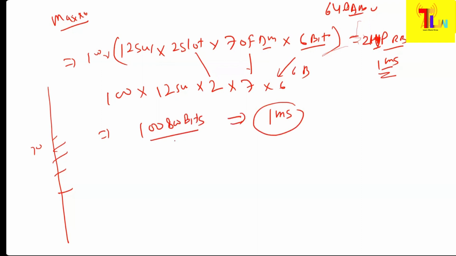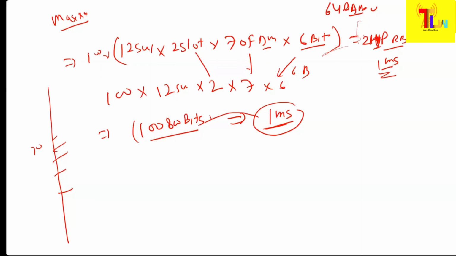Okay, let me ask, does anybody have any confusion up to here, please? Hello? Okay, let's proceed then. So we are saying in 1 millisecond the scheduler is transmitting 100800 bits.